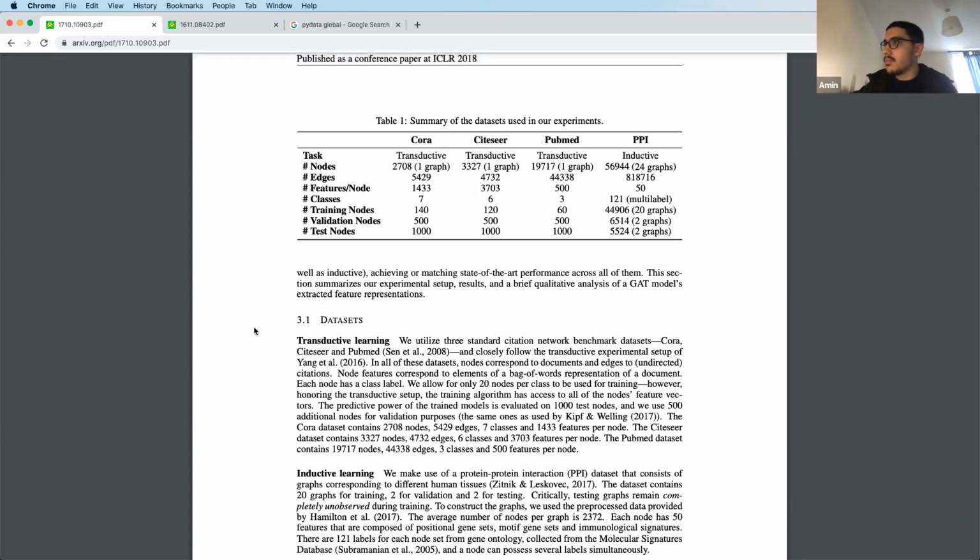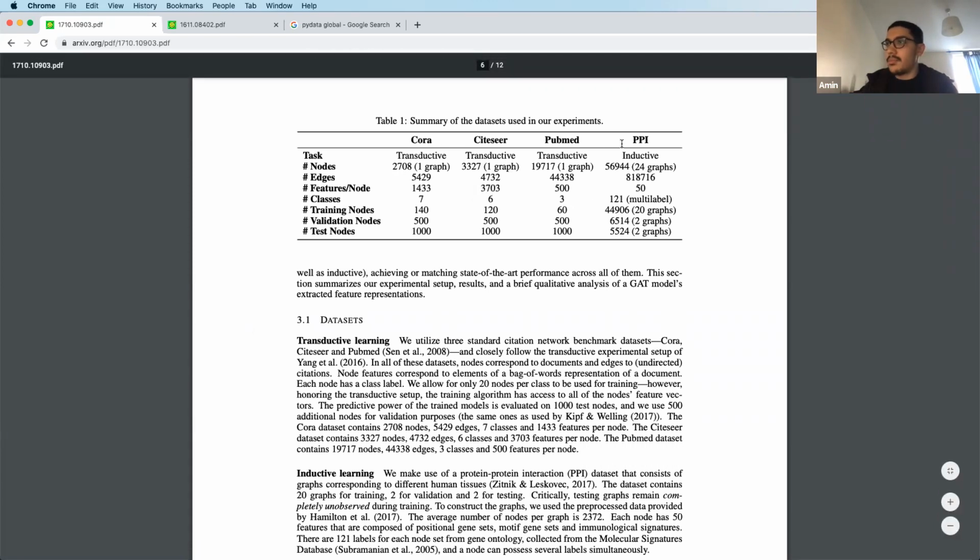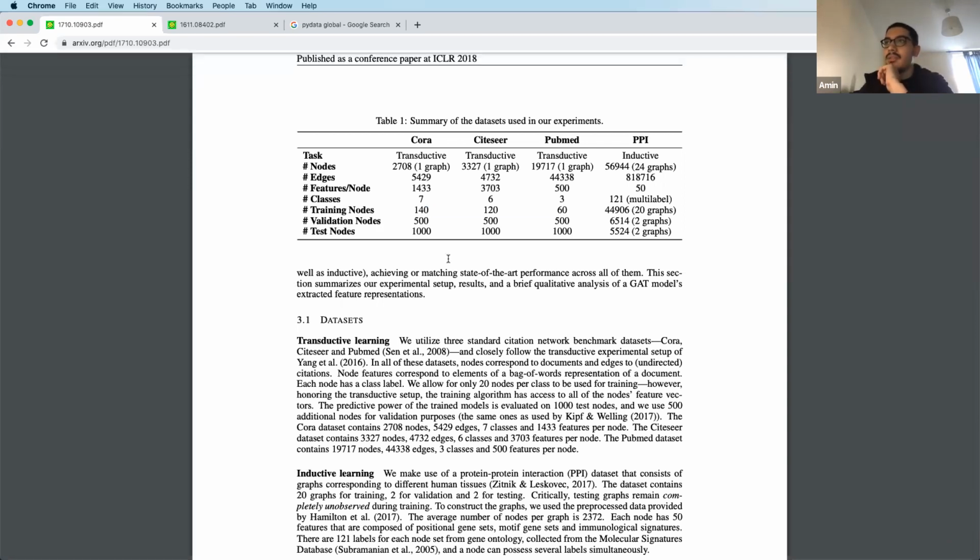Okay, so all right, these are the data sets. Something which is interesting, and a question that I had as well, is that there are a small number of training nodes compared to validation and testing. I think in this paper it's clear that they wanted to match the splits used for benchmarking in other papers. But I was thinking, why is the split like this in the first place?